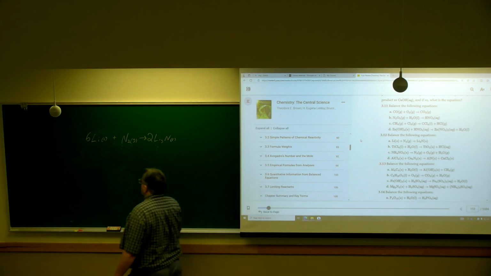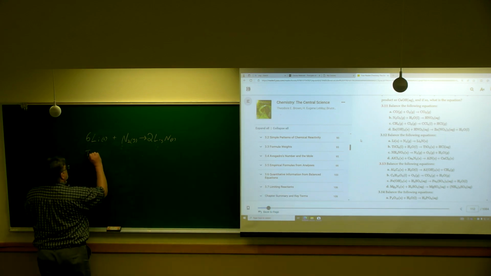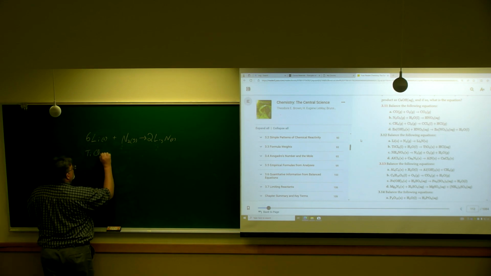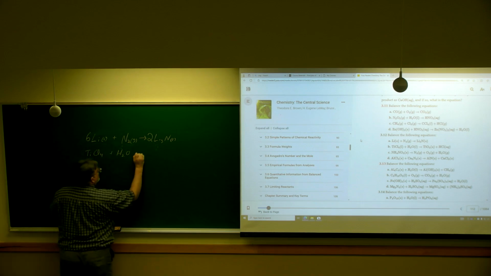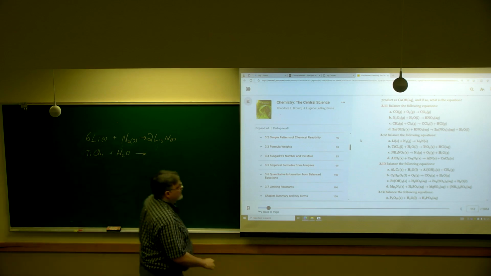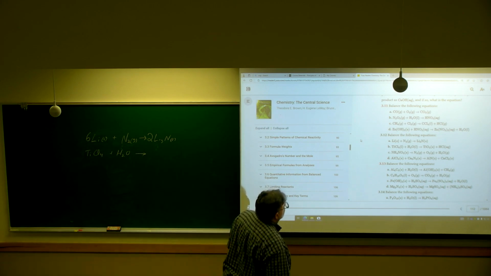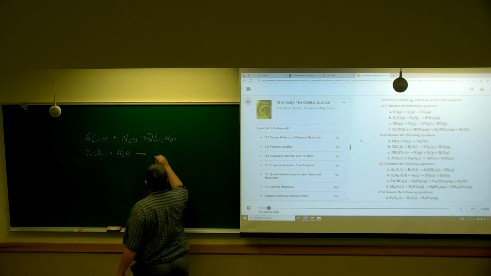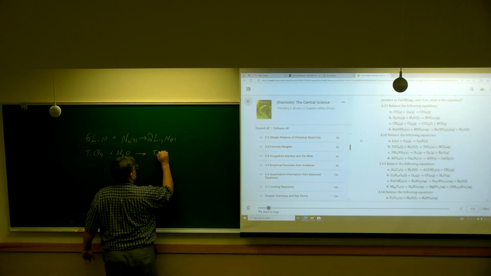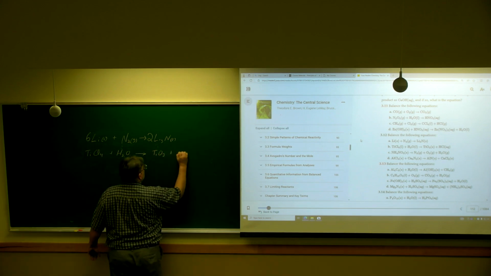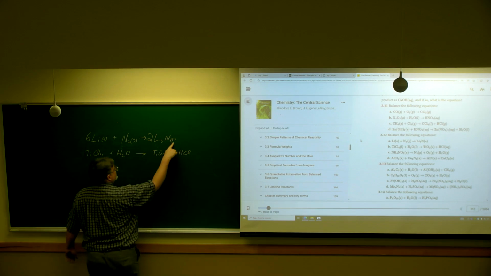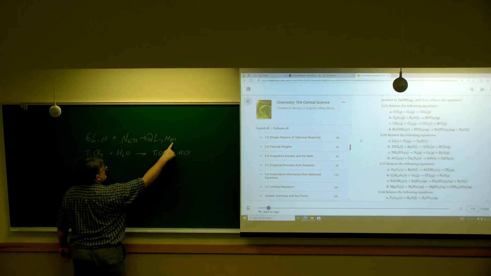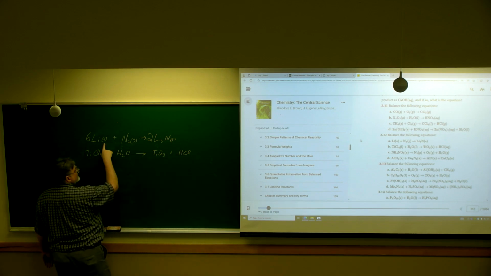TiCl4 and H2O give TiO2 and HCl. I'm going to leave off what we call states: solid state, gaseous state, solid state.